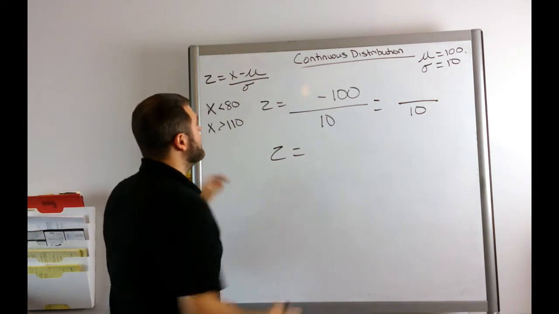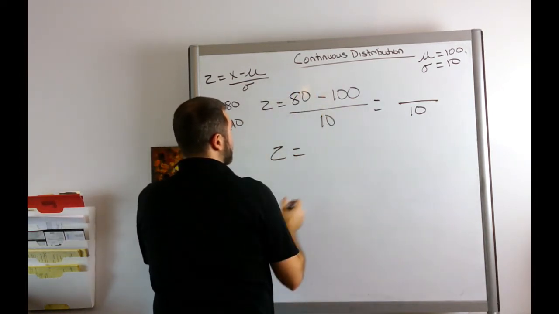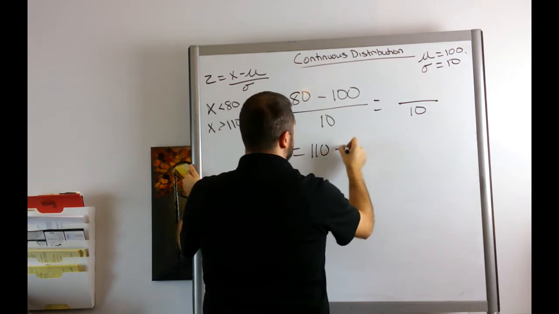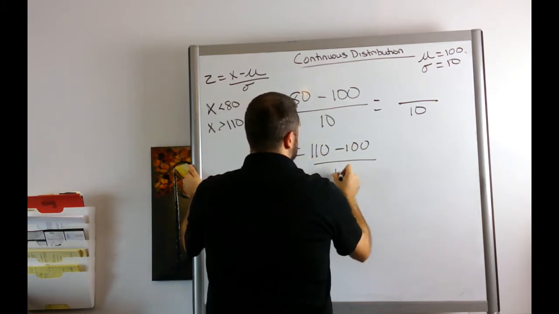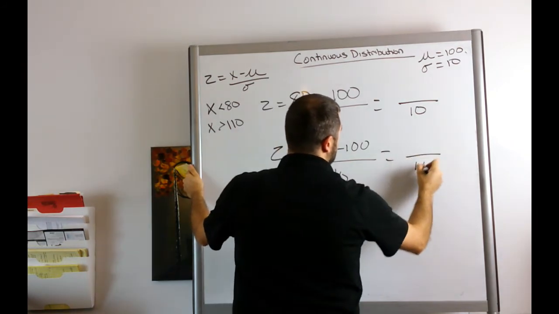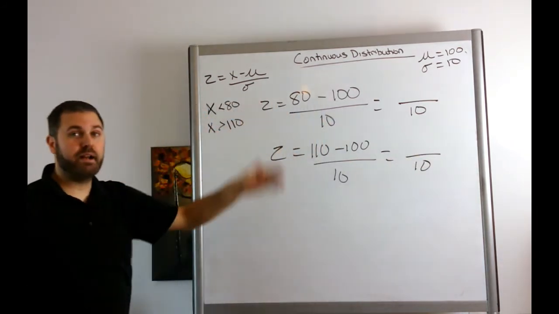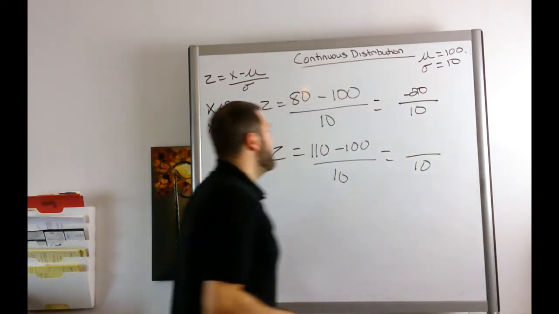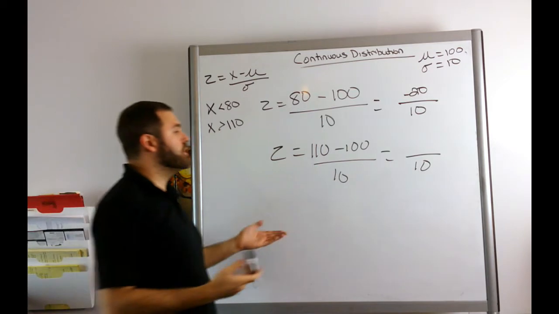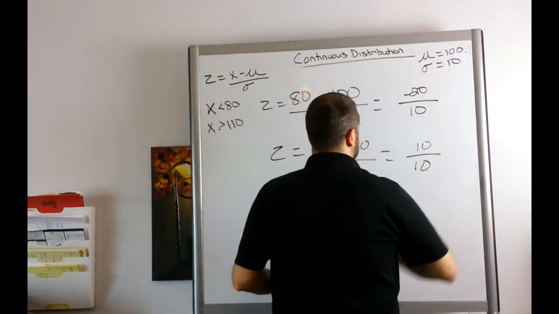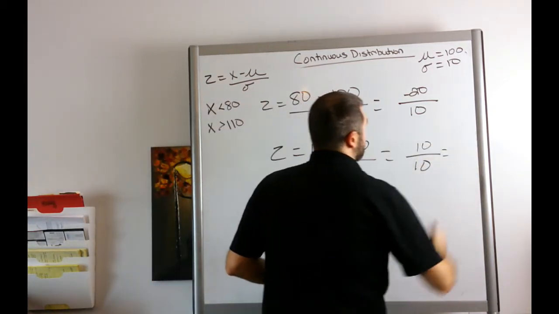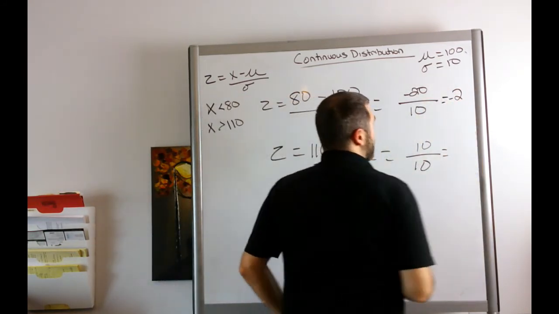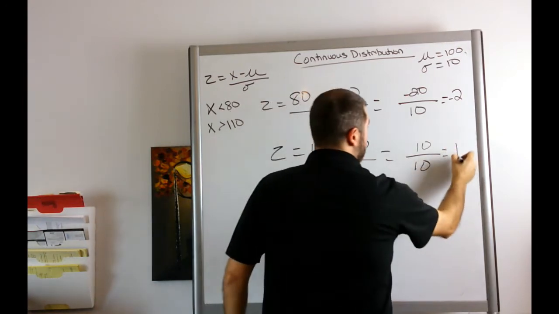With the first one, we can put 80 in, and the second one, we can put 110. So we have 80 minus 100 over 10, which is negative 20, and 110 minus 100, which is 10. So the first one is going to equal negative 2, and the second one is going to equal 1.